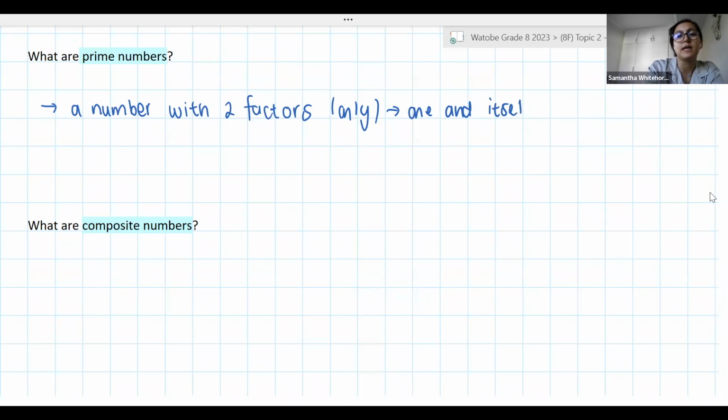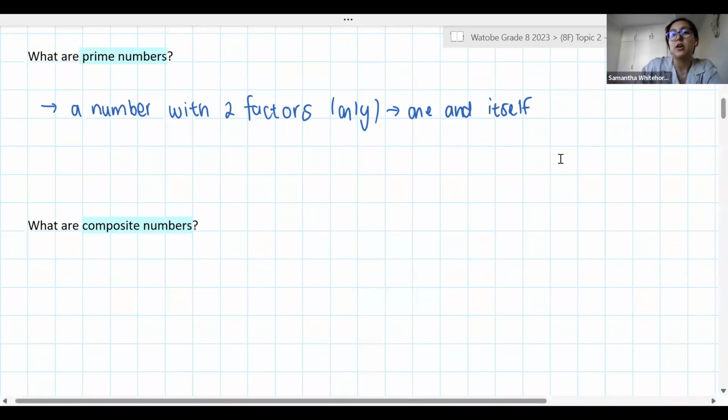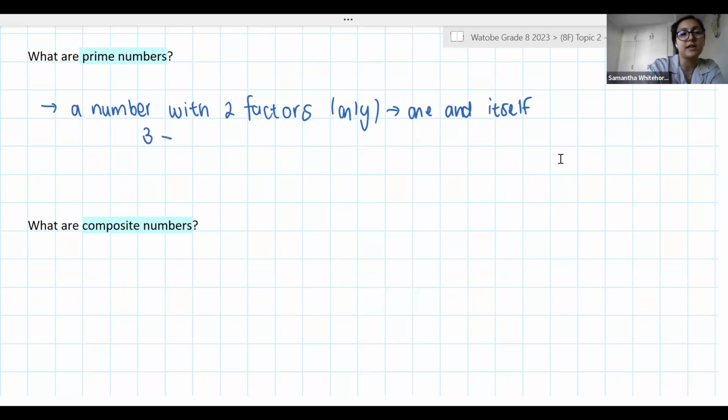Now, when we say one and itself, we need to think of numbers such as 3. The only factors we have are the number and then 1. Then we have got a prime number.